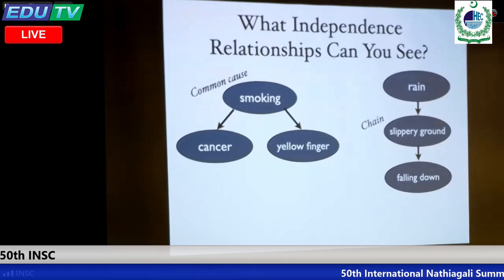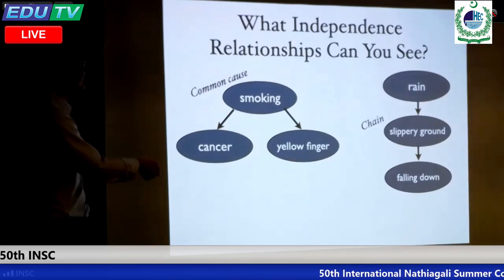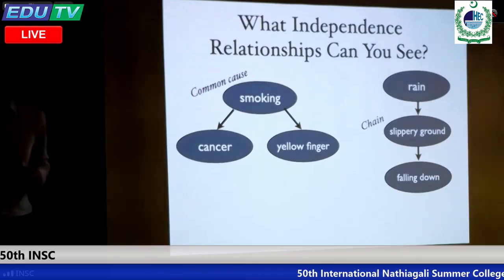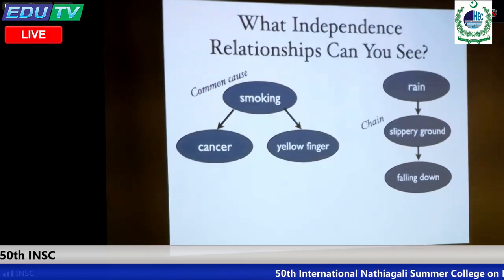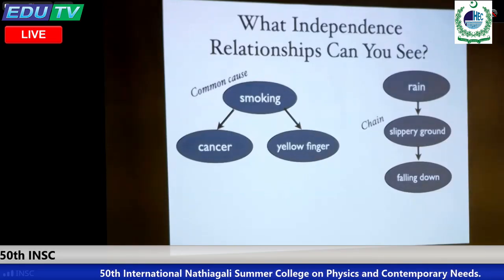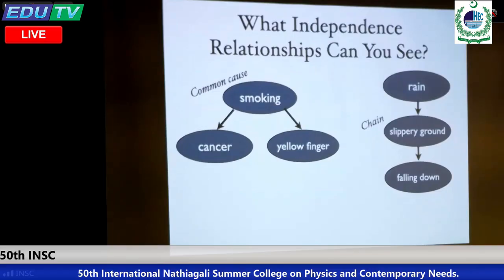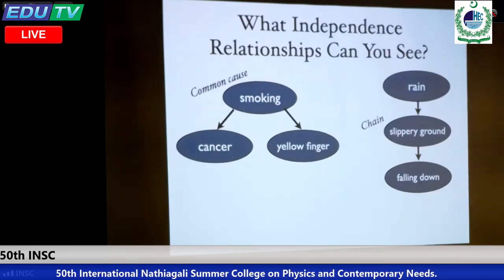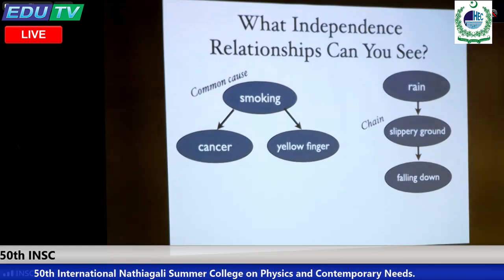Okay. So now, can you see any conditional independence relationship from this graphical representation? For instance, do you think given smoking, cancer and yellow finger will be independent? Yes or no? Can you say a few words? Why? If you fix the value of smoking, yes.